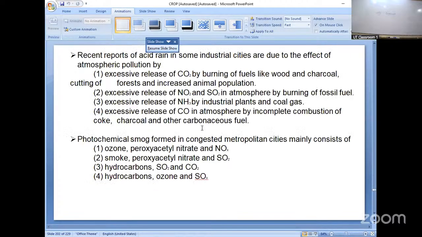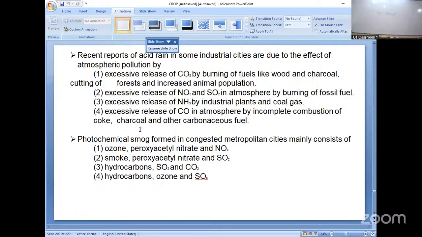Acid rain in some industrial cities is due to the effect of atmospheric pollution by excessive release of NO2 and SO2 in the atmosphere. I guess the second one.